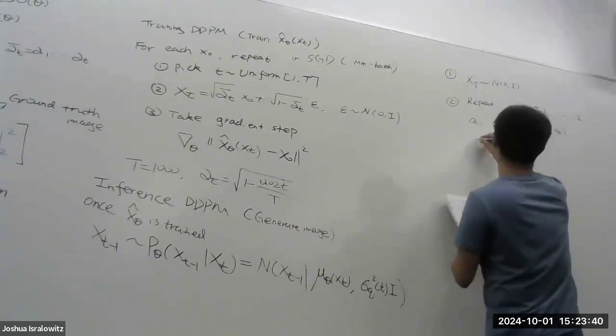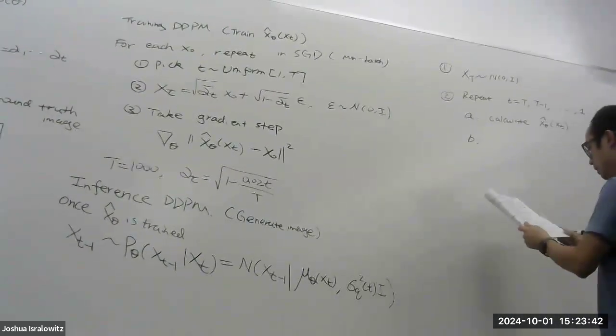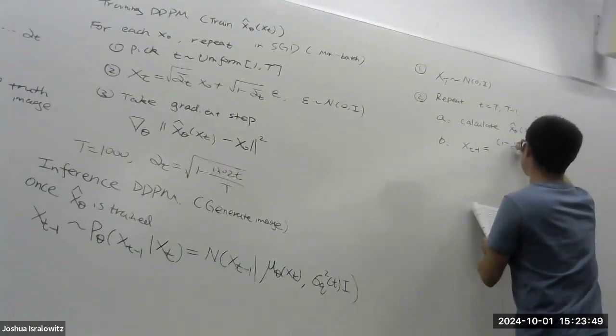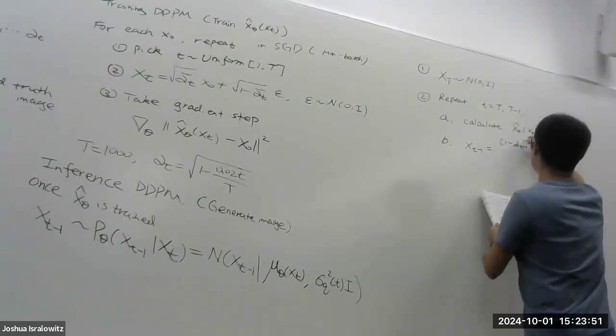And then you sample xt minus 1 according to the formula we already know.